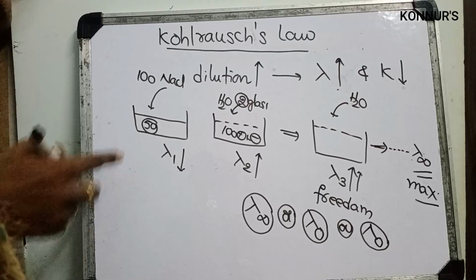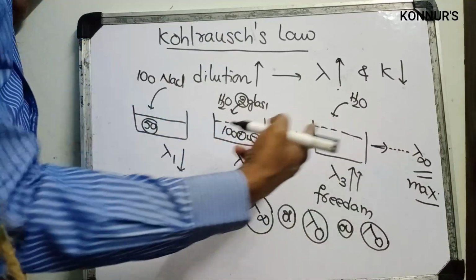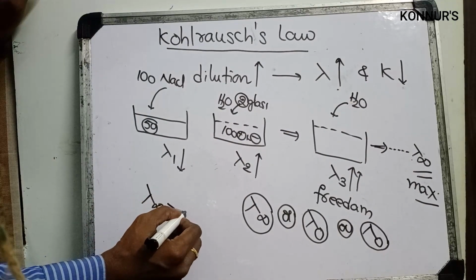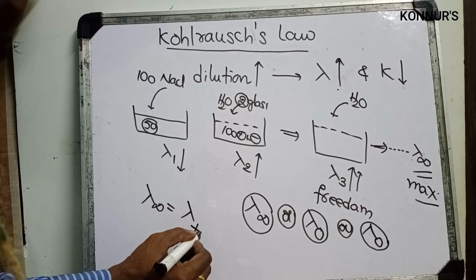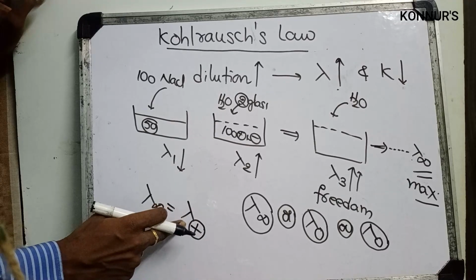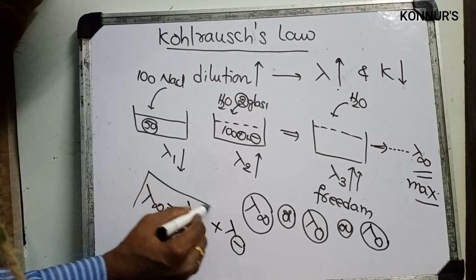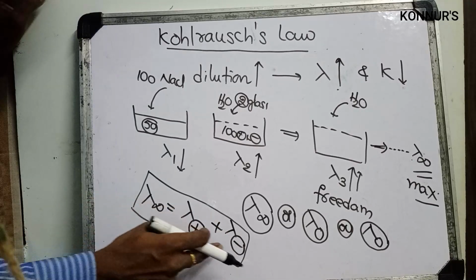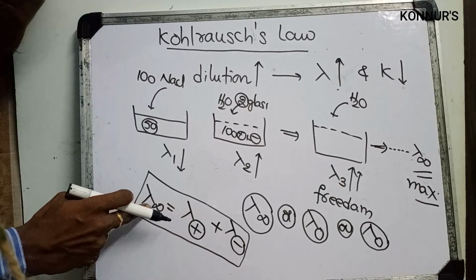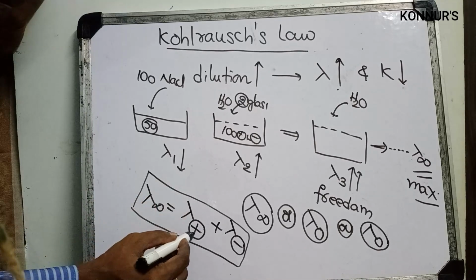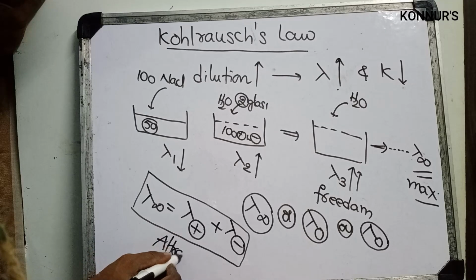At infinite dilution, all ions are dissociated, so lambda infinity equals the positive charge conductance plus the negative charge conductance. The sum of the cation and anion conductance values equals infinite dilution conductance. Here between the ions there are no attractions or repulsions.